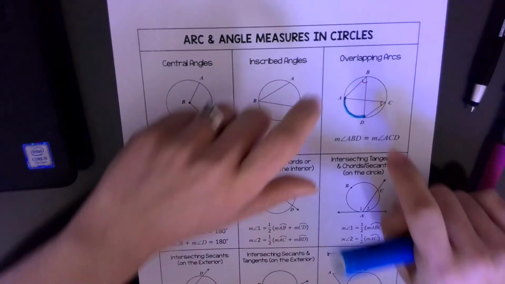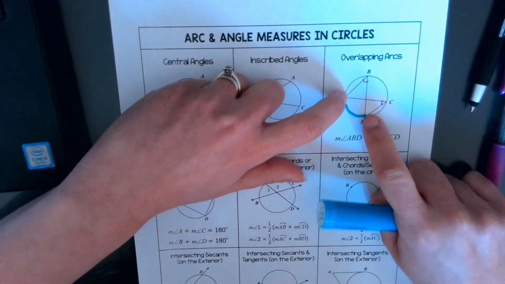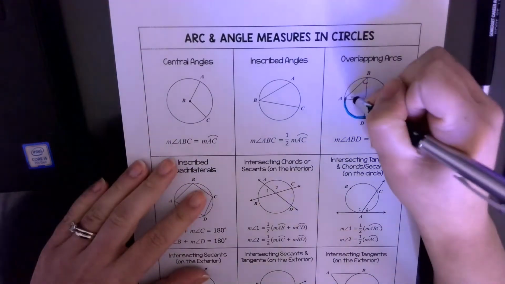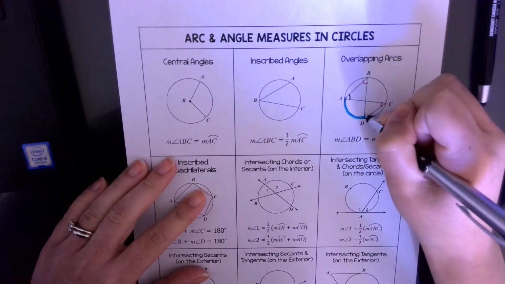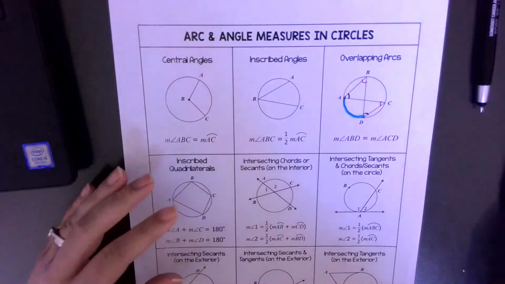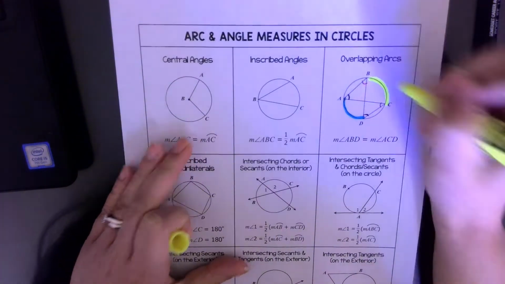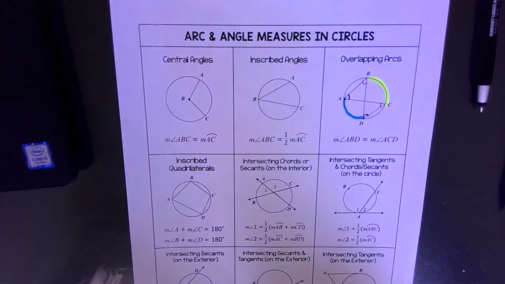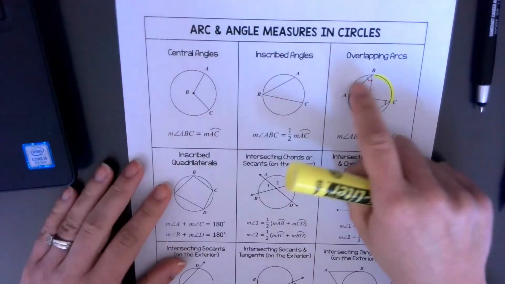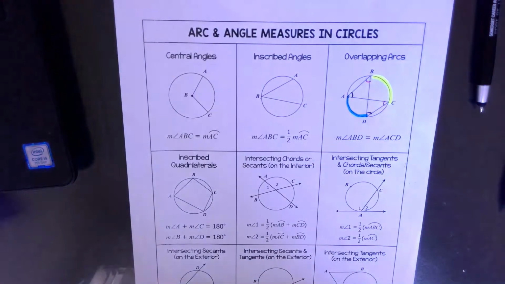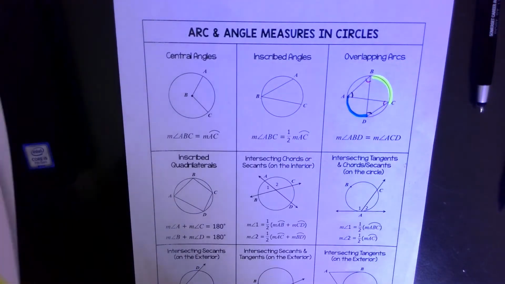So even for A and D, these angles will be congruent because they share an intercepted arc. Angle A will be congruent to angle D because right across from it, they share this arc in common. So basically, if you see a bow tie shape like this, the angles are going to be congruent. Okay, so let's go over examples on that.